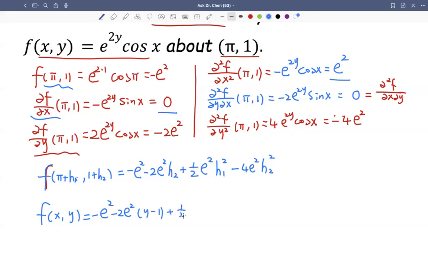Then plus half e squared times h1 squared, which is (x minus pi) squared, minus 4e squared times h2 squared, where h2 is y minus 1, squared. We see every term has e squared. If we want, we can factor out e squared, but this is fine. Either one is good, as long as we know the definition of h1 and h2, or the definition of x and y in each case.